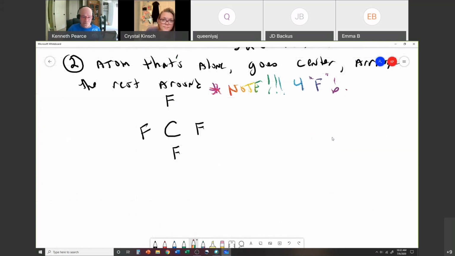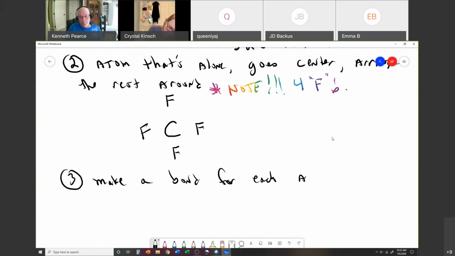Okay. Now, step 3, we're going to make a bond for each atom. And that is 2 electrons. Okay, we're going to make a bond for each one. Now, what's a bond look like?